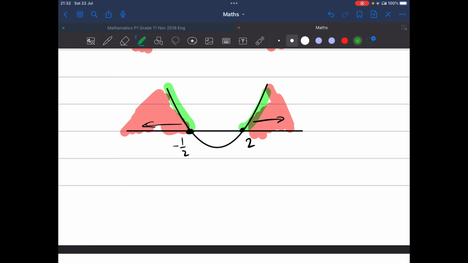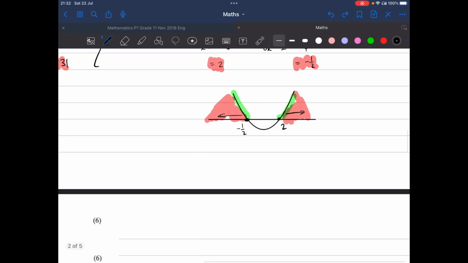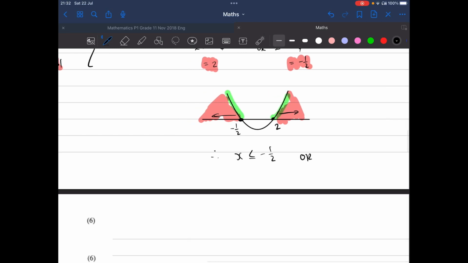And obviously at the x-intercepts they equal 0, so that satisfies our two conditions. So we can see that therefore x either has to be less than or equal to minus half, or x has to be greater than or equal to 2. Okay, and that's our final answer.